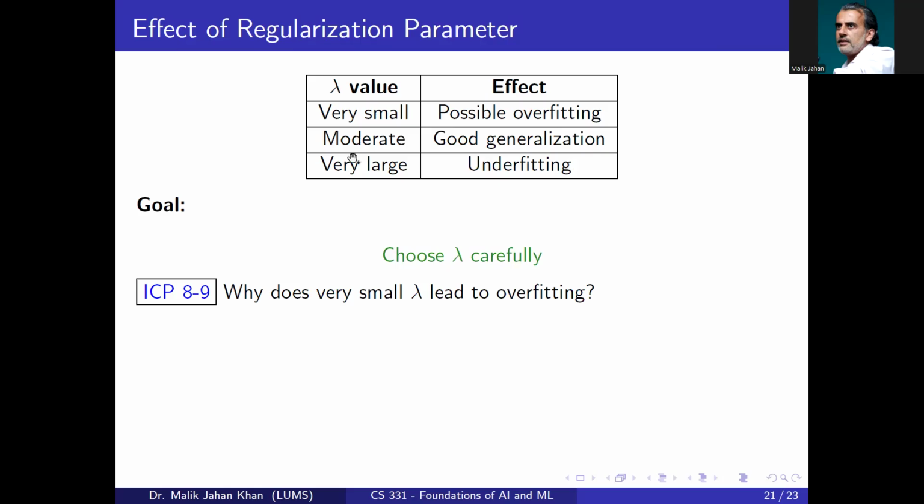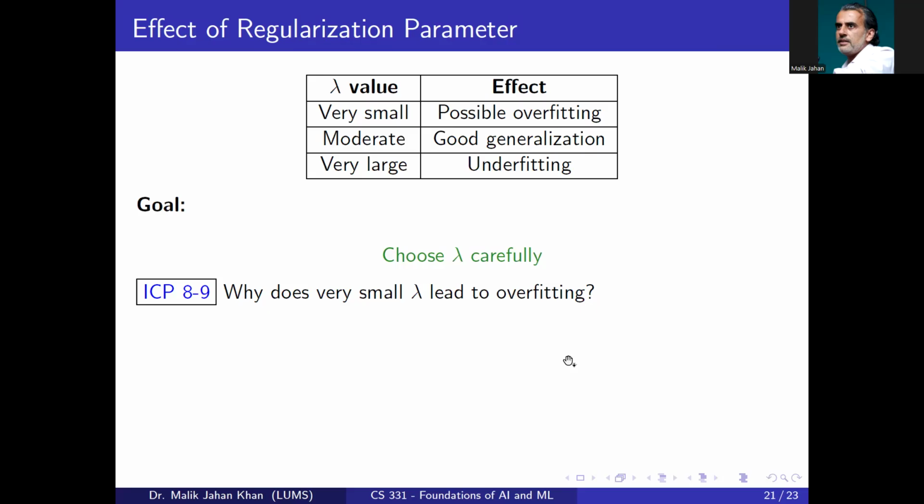And if we choose a very large value of lambda, that might lead to underfitting because it might dominate the underlying relationship being captured between the inputs and outputs of the training data. So again, the task of a machine learning engineer is to come up with a moderate value of lambda. You have to choose lambda carefully.